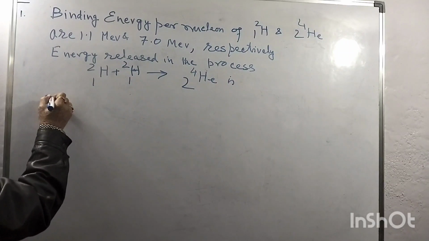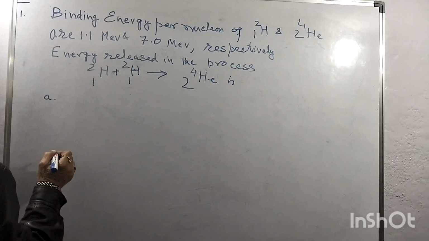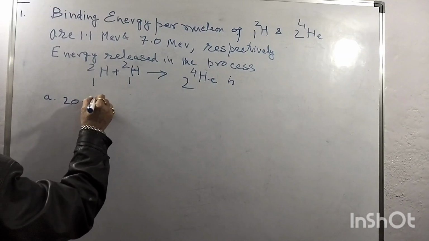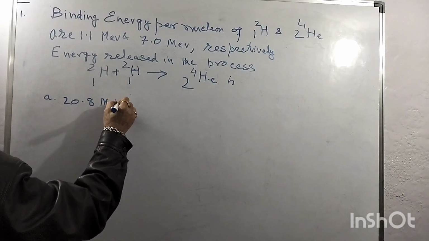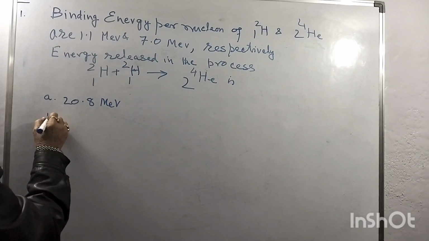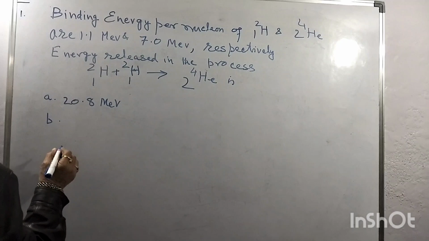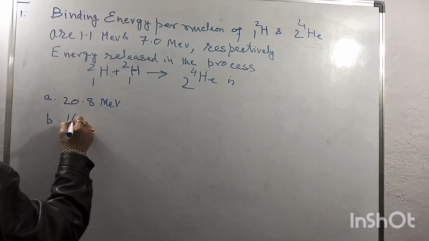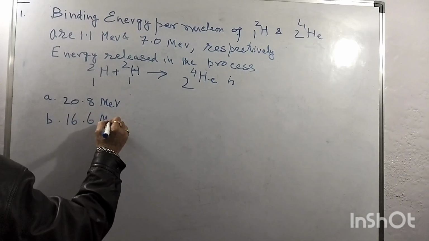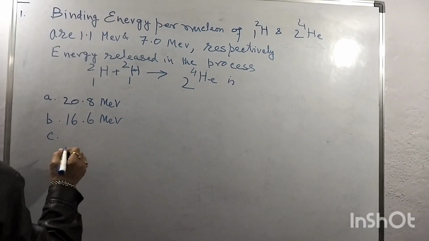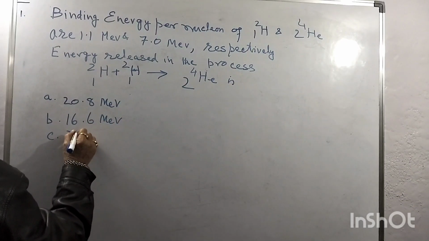Choice A, 20.8 MeV. Choice B is 16.6 MeV. Choice C is 25.2 MeV.